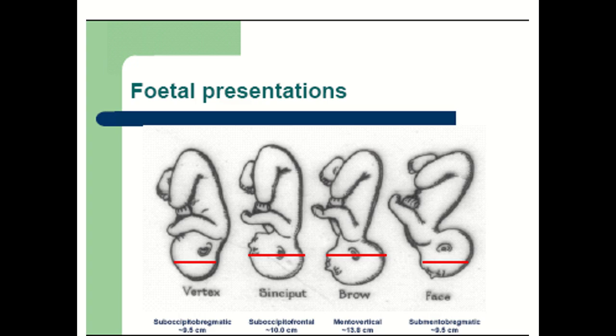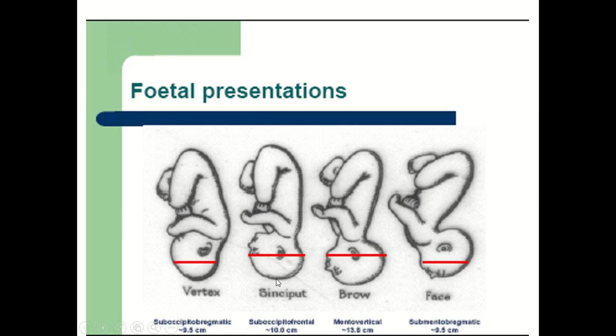You can see in vertex presentation, the presenting diameter of the fetal head is suboccipito-bregmatic, which is around 9.5 centimeters. Okay, you can see suboccipito just beneath the occiput, bregmatic to the bregma.